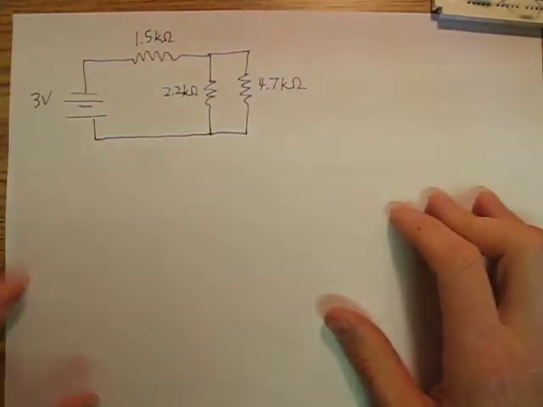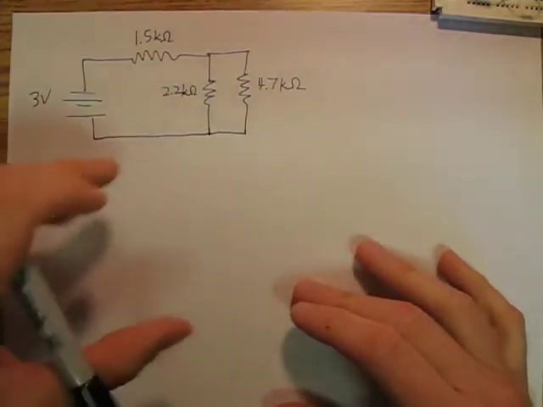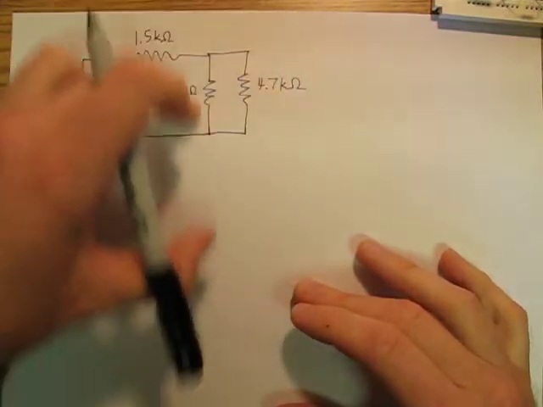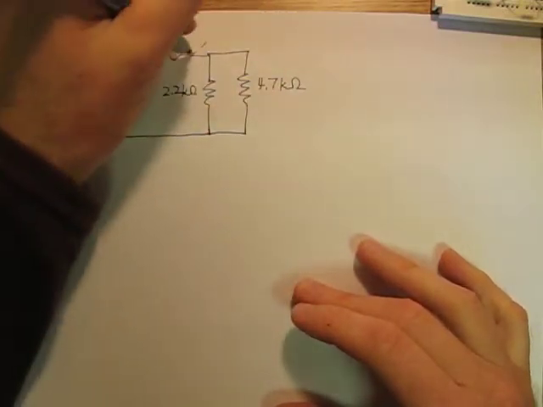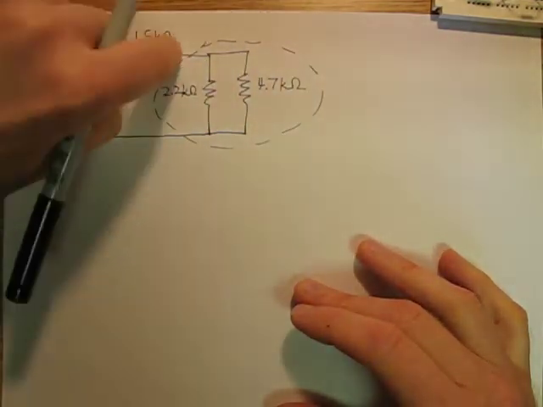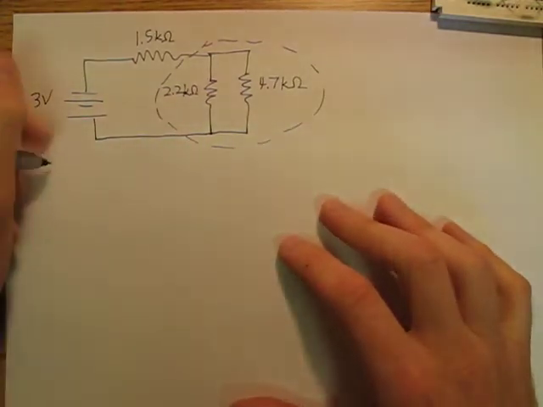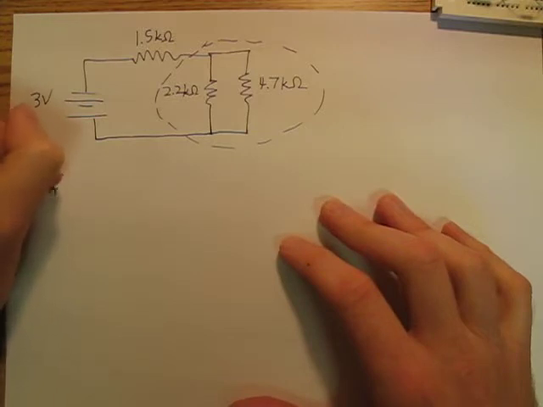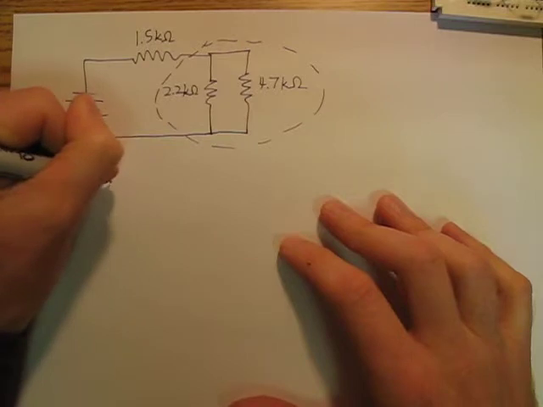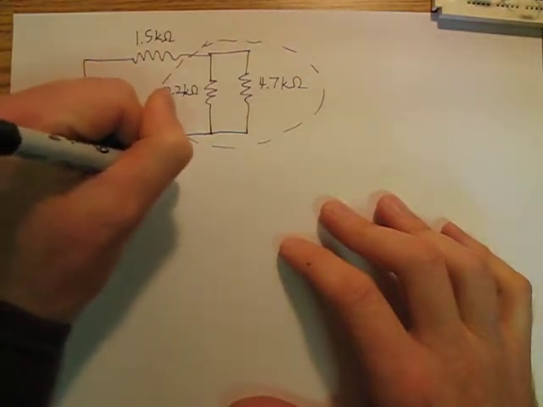Now, to find R total, I'm going to have to break this into resistor pairs. This is my parallel pair from the previous circuit, and I can draw a bubble around it where there's one wire coming into the bubble and one wire going out. So 1 over R total is equal to 1 over 2.2 kilo ohms plus 1 over 4.7 kilo ohms.